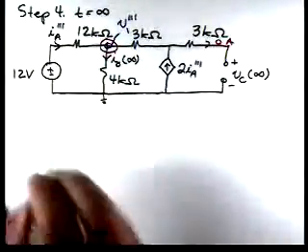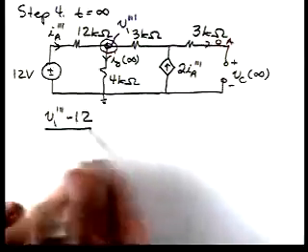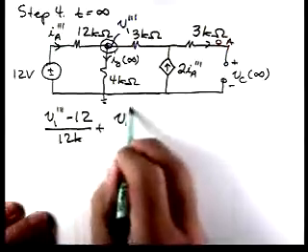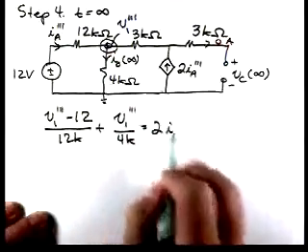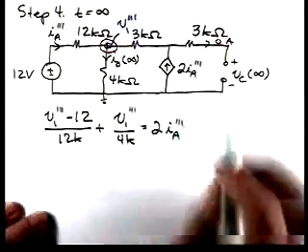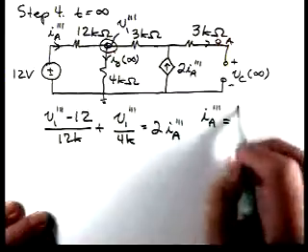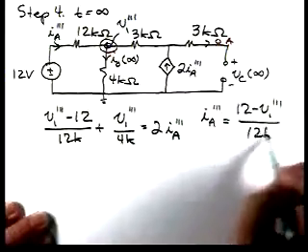So we'll have V1 triple prime minus 12 over 12K plus V1 triple prime over 4K is equal to 2IA triple prime. And from the circuit, IA triple prime is 12 minus V1 triple prime over 12K.